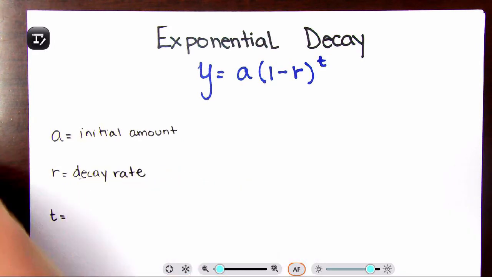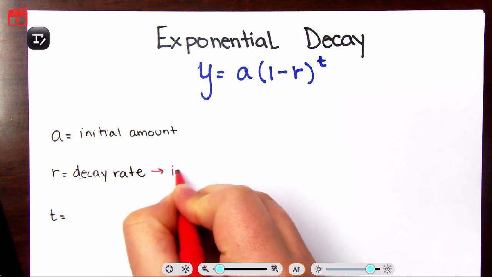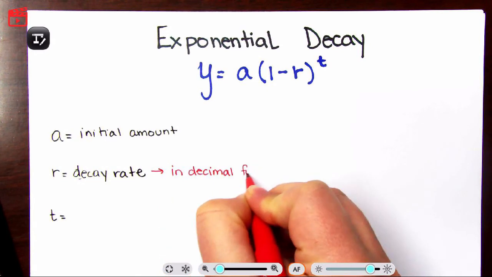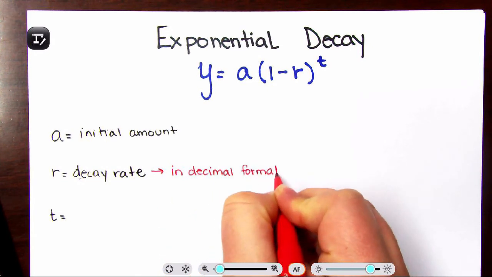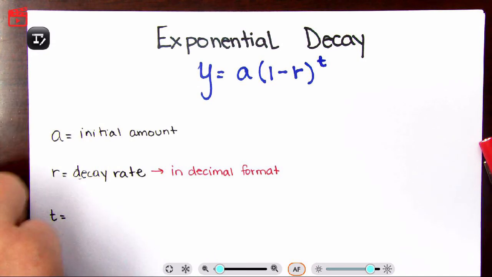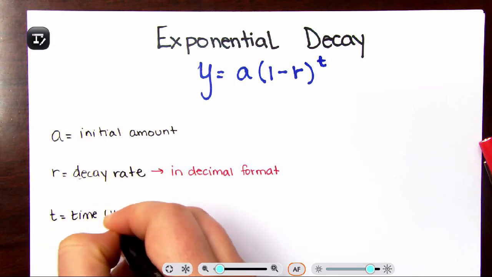Now, the decay rate has to be in decimal. A lot of times they will give you this value in a percent. You need to convert that to a decimal. And T is time in years.